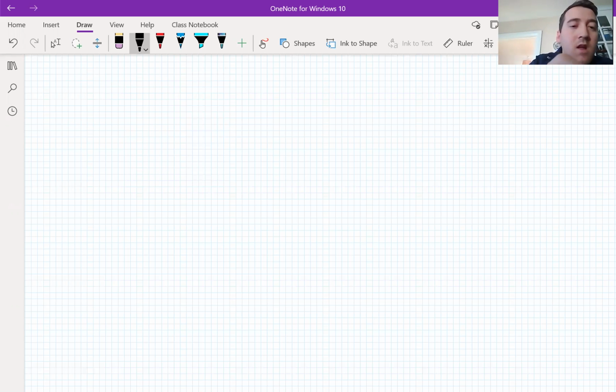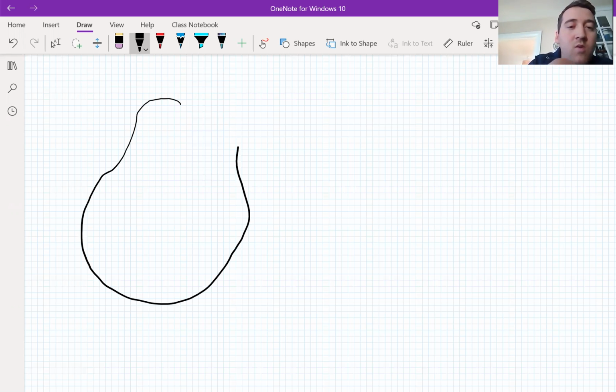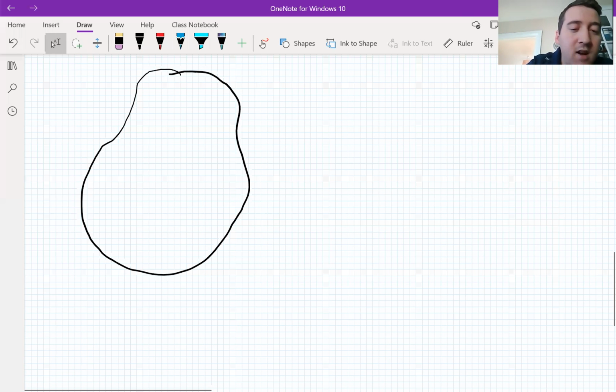So I'm going to draw the outline of two cells here. I'm going to draw one. And what I'm doing here is I'm drawing a cell which is roundish in shape, but it's not a perfect circle. It's not a regular shape. It's an irregular shape.